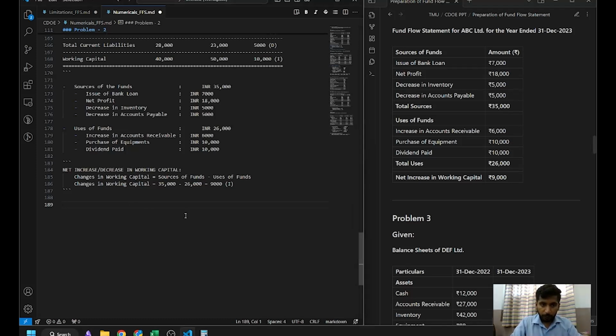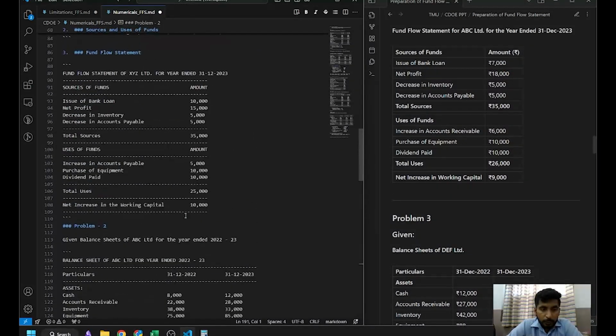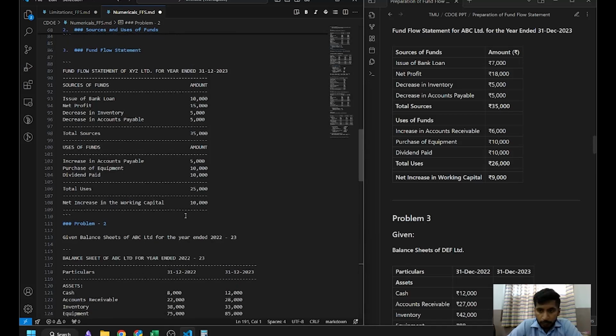After that we'll make the fund flow statement. Fund flow statement of ABC Limited, year ended 31/12/2023. There we will just talk about the sources of funds and the uses of the funds.